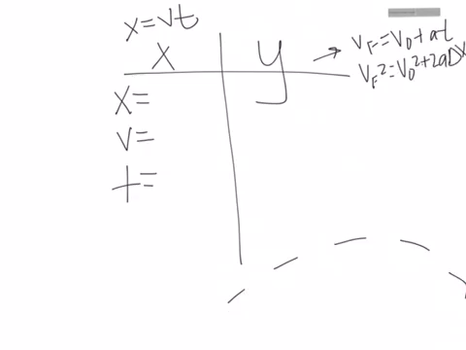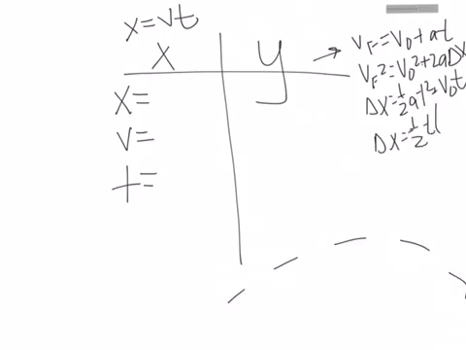We could also use delta x equals 1/2 at squared plus v naught t, or delta x equals 1/2 t times v naught plus v final. All of those that have changing velocity, you're only going to use for the vertical column.